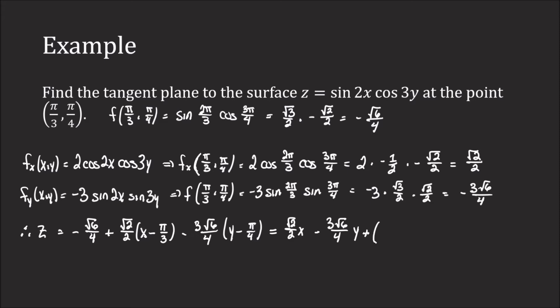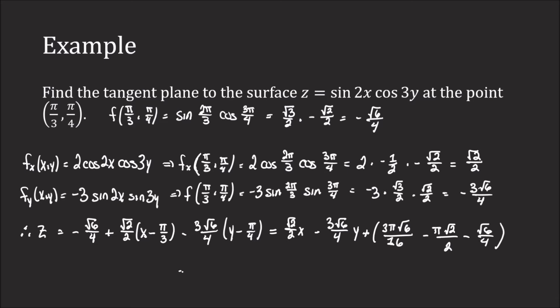And now let's get all of our constants. So 3 pi times square root of 6 all over 16 minus pi times the square root of 2 all over 2 minus the square root of 6 all over 4.